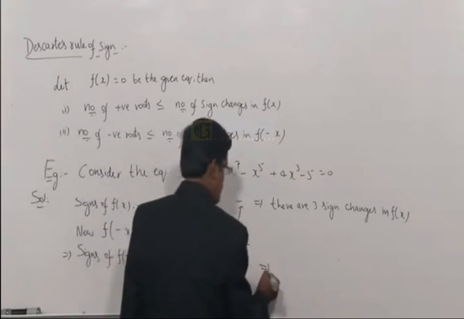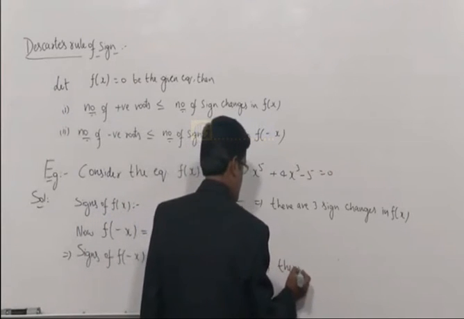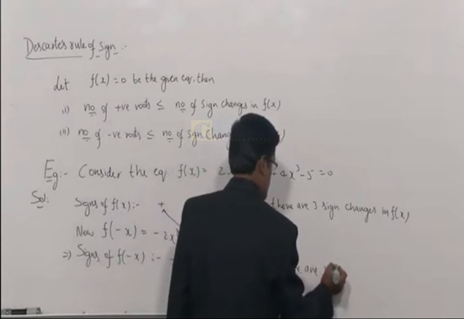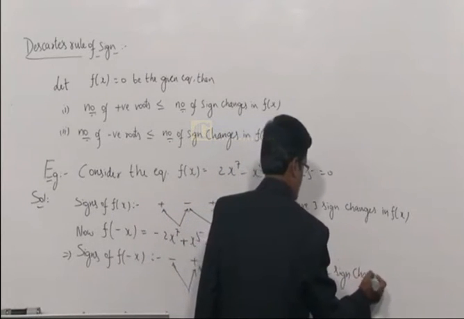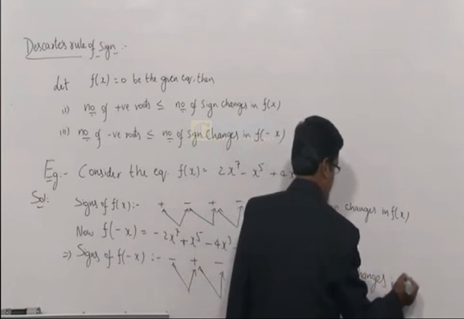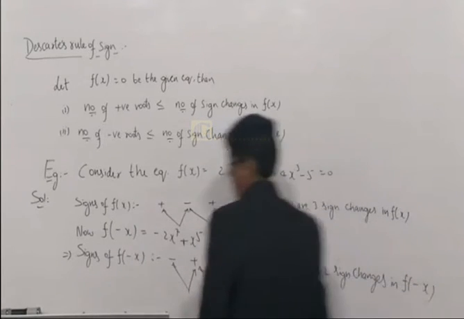So from this we conclude there are 2 sign changes in f of minus x.